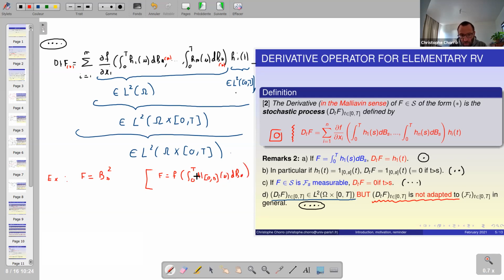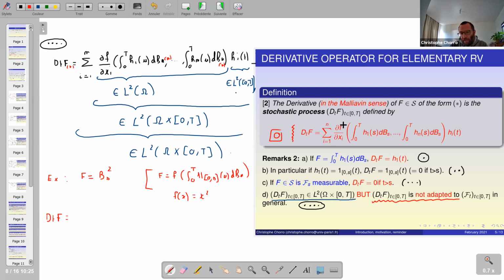This one is just B_s, where f of x here is equal to x squared. I have the square of the Brownian motion here. So I can apply my formula with n equal to 1, okay? And what I obtain for D_t of F, I have a single term in my sum.